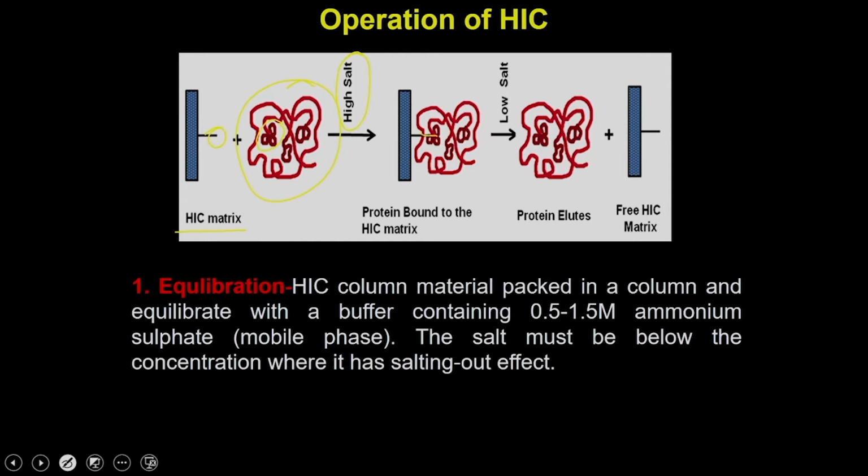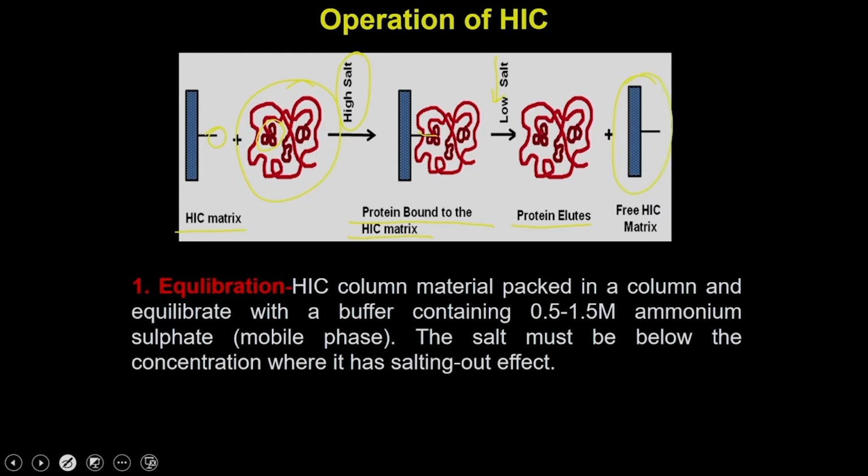So, it will bind to the matrix in the presence of the high salt concentration, and then slowly you can reduce the salt concentration either in a step gradient or a linear gradient, and that is going to reduce the affinity of the bound protein to the matrix, and the reduction in the affinity is going to be differential for the different proteins, and that is how the protein is going to be eluted and the column is going to be free to perform the chromatography.